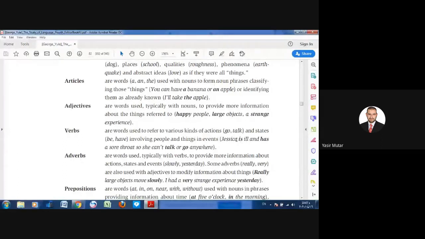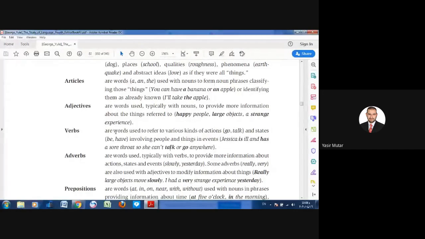For example, here is an auxiliary, has. It is a main verb, sore throat, and she cannot talk. Go, yes, also these are main verbs.